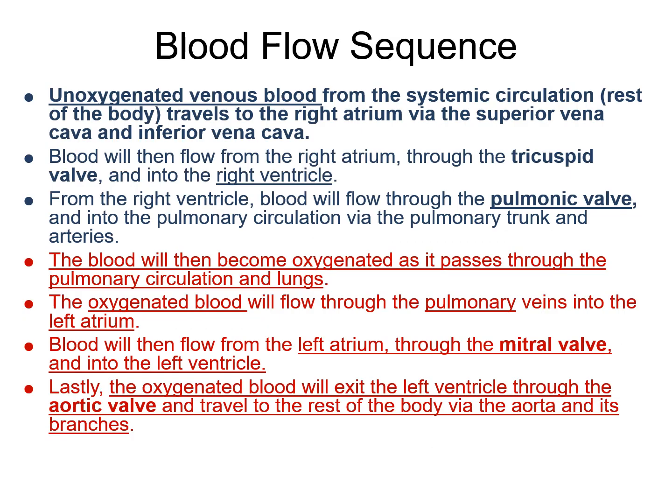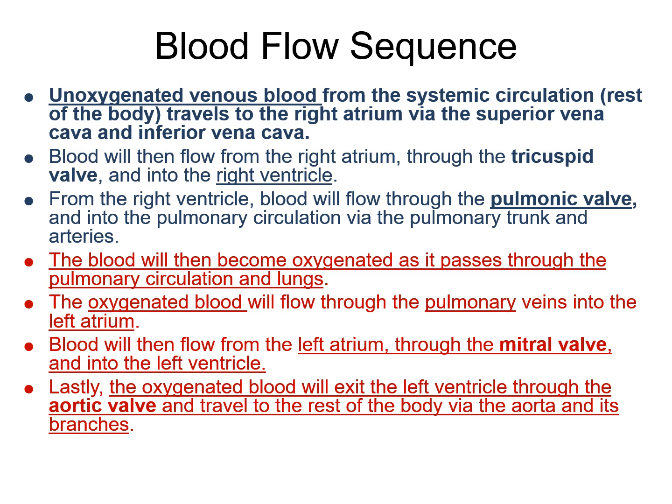Now, you need to know most of this slide. You just need to understand it, okay? The blood flow sequence. The unoxygenated blood, which I have in blue here, goes from the systemic circulation, that's the rest of the body, and it travels to the right atrium via the superior vena cava and the inferior vena cava. So you've got a superior and an inferior vena cava.